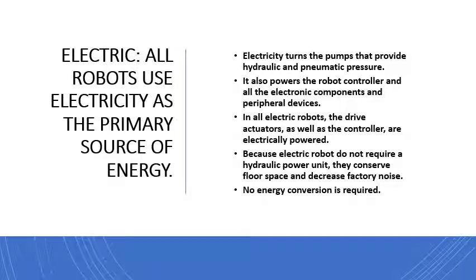Because electric robots do not require a hydraulic power unit, they conserve floor space and decrease factory noise. When we go for electric powered robots, they do not require any hydraulic or pneumatic unit which consumes floor space or additional space, so the noise from the factory will be very low, and no energy conversion is required.